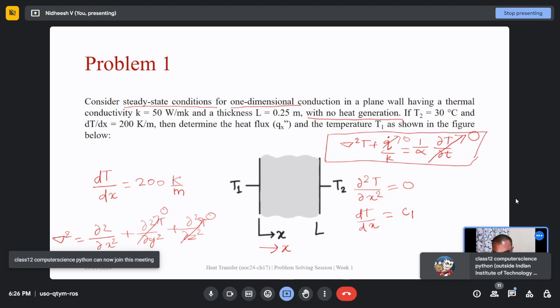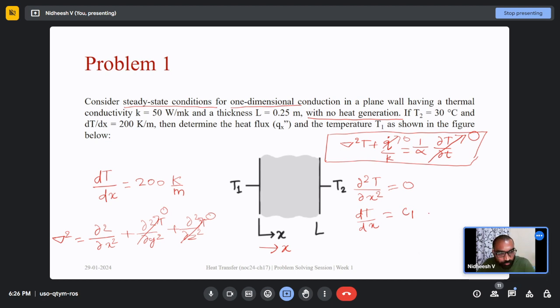Is there any confusion? And if we integrate it further, it would mean that temperature T equals C1x plus C2, right? Now these are the equations we have, and we can substitute our boundary conditions in these equations. Is there any confusion? No, sir.